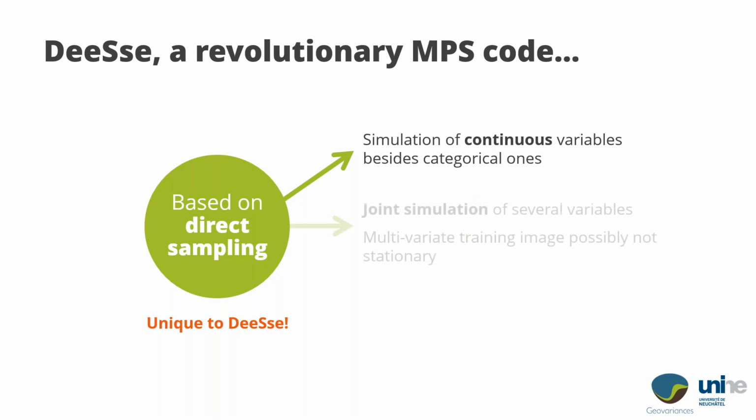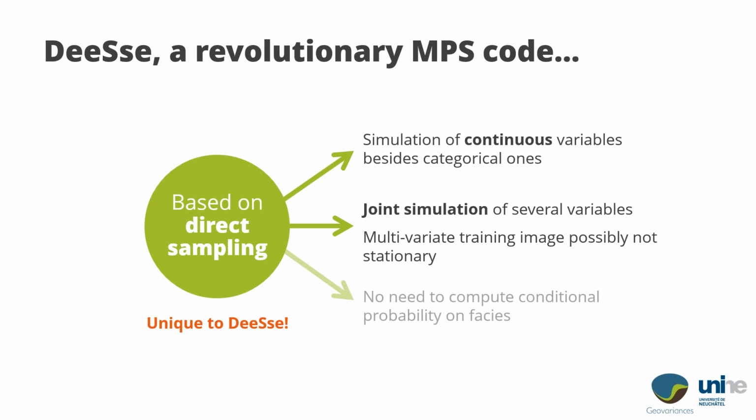We also have the possibility to work with joint simulation of several variables, continuous with other continuous and categorical, or we can mix both of them. We work like that with multivariate training images, and it is also possible to work with non-stationary training images. And we don't need to compute conditional probability on facies.